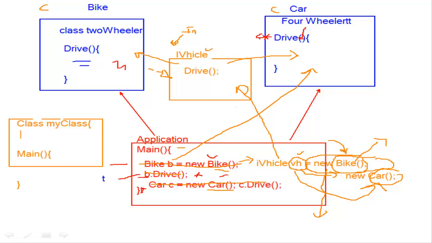I am going to declare a Vehicle, VH. And now I tell somebody else, can you please give me your bike? So I don't want to own that bike or that car. I ask somebody else, can you lend your bike to me, or can you give your plane to me, so that I can drive?